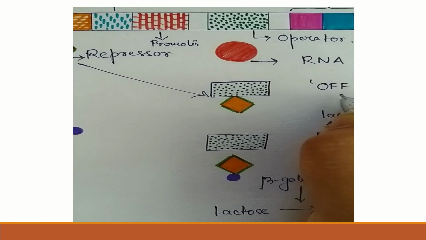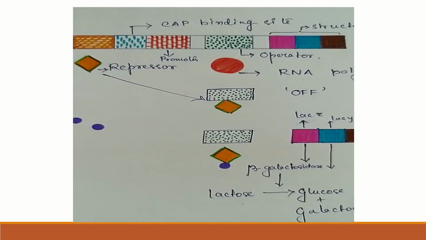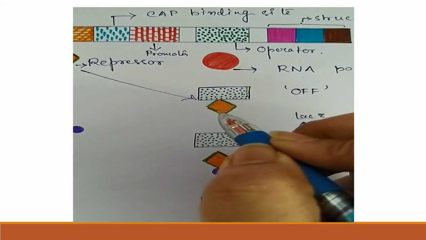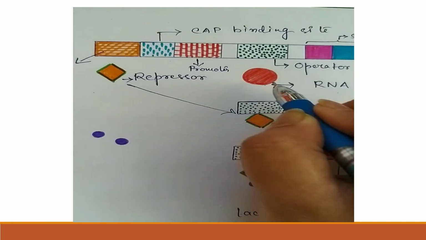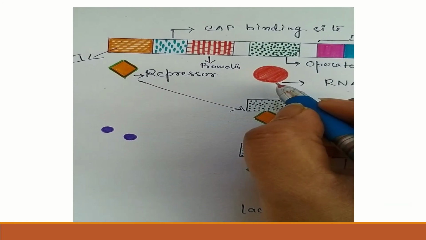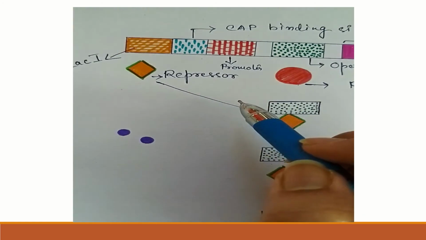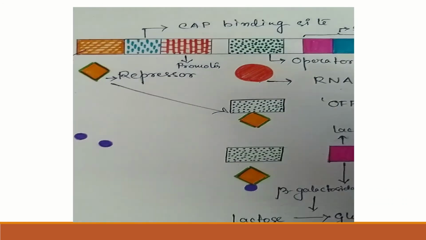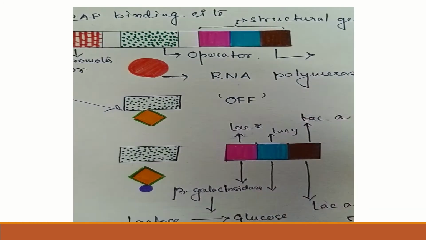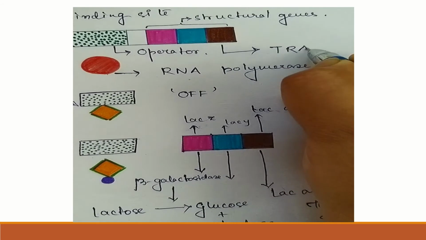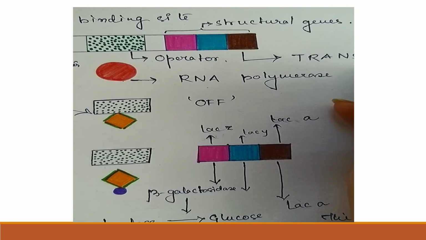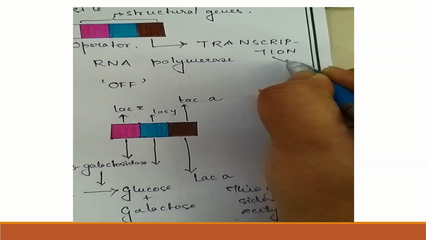This signal is a hindrance to the performance of this RNA polymerase. The RNA polymerase, as a result, cannot bind to the promoter. Therefore, transcription does not occur.